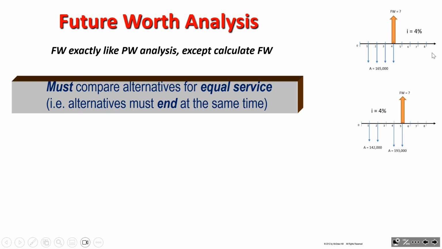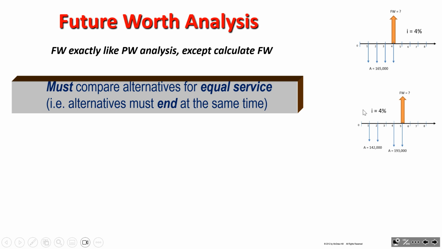And so you can see here's 2 alternatives. One of them lasts 4 years, one of them lasts 5. And for future worth analysis, what we tried to do is find out if instead of taking it all to the present value, if we found a lump sum in some future year, then how could we compare those 2 alternatives? So again, we have the same restriction that we have to have the same study period when we apply future worth analysis.